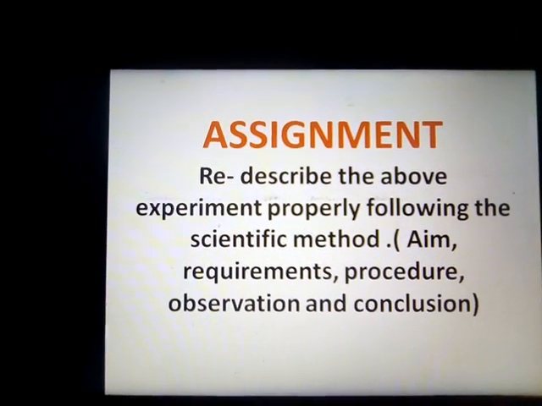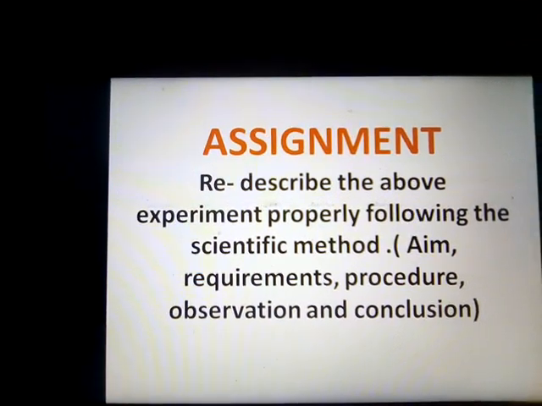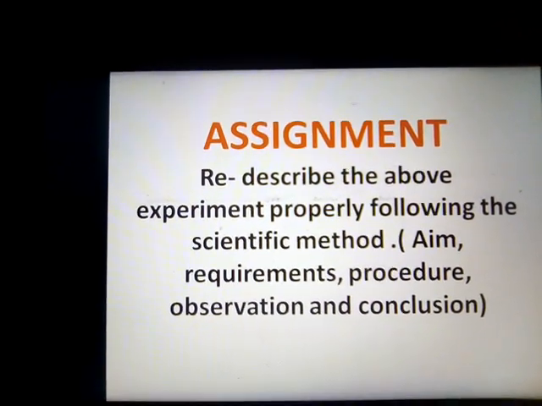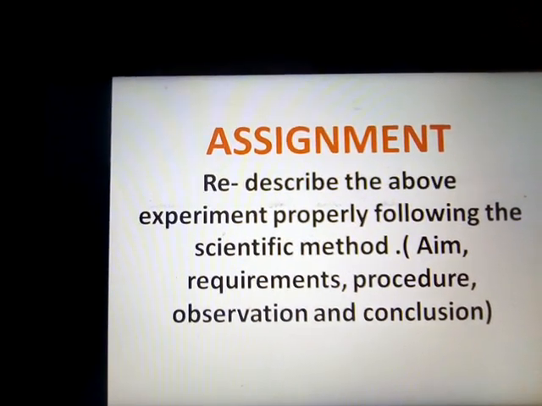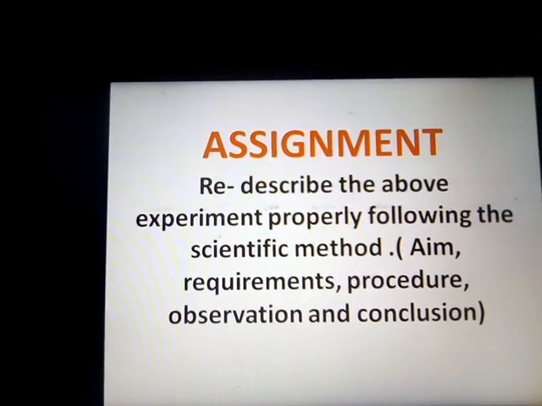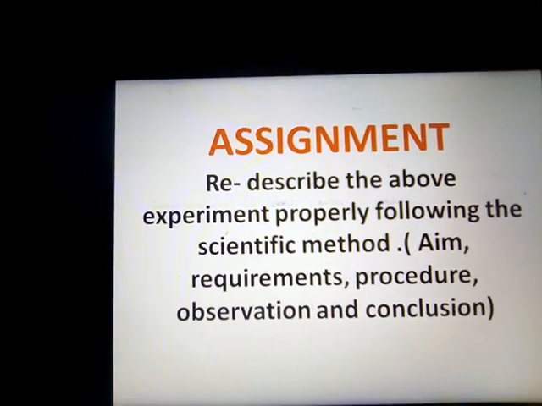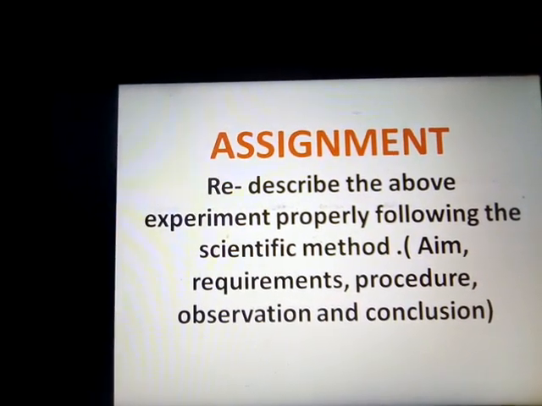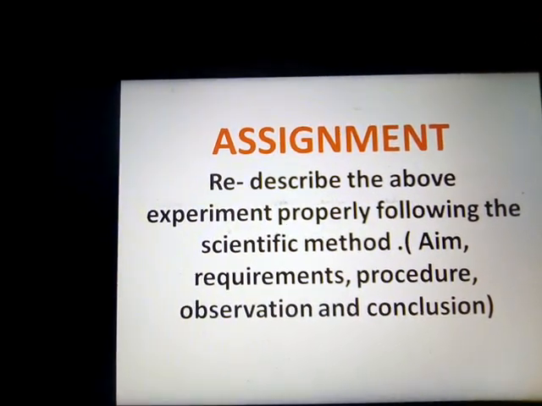Assignment. The two methods described in the experiment above have not been described following the scientific method. Re-describe the above experiment properly following the scientific method.